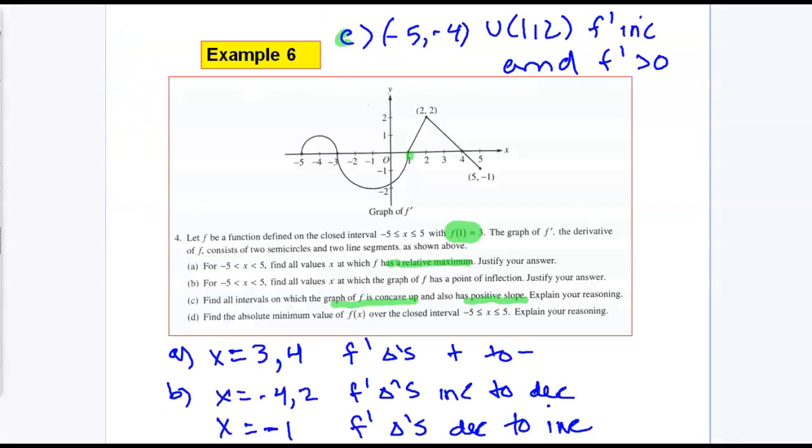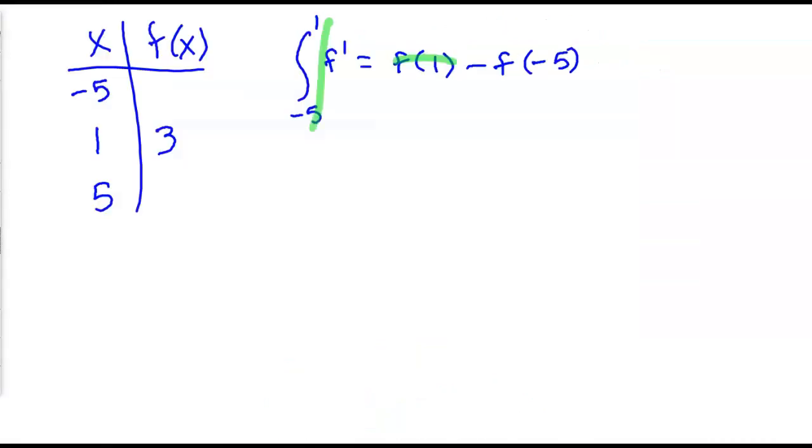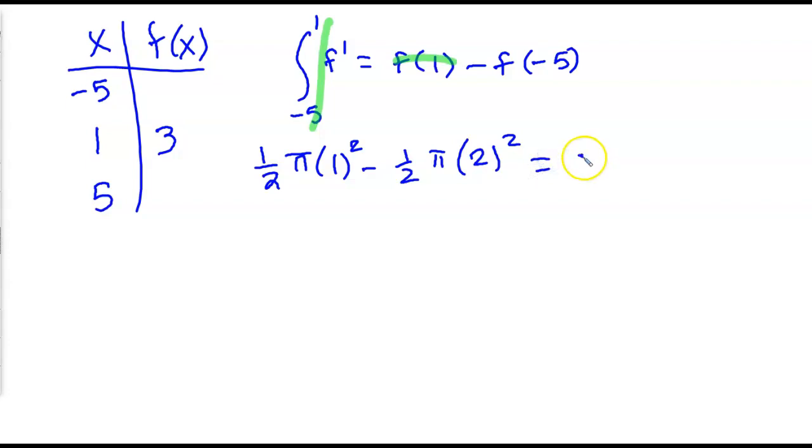So the area under the curve from -5 to 1 is going to be this semicircle, which is positive, minus this semicircle here, which is going to be negative. So it's 1/2 pi, the radius of that first semicircle is 1, minus 1/2 pi, the radius of the second semicircle is 2, is equal to f of 1, which is 3, minus f of -5.